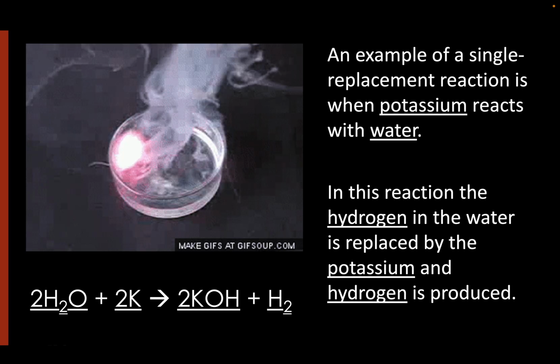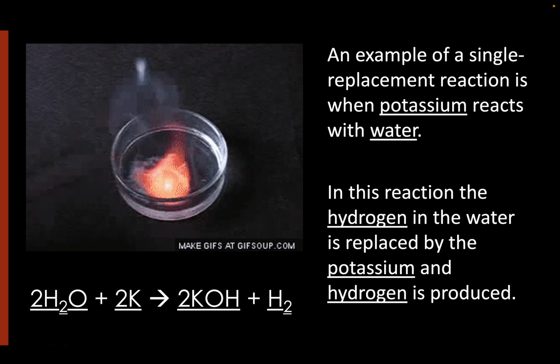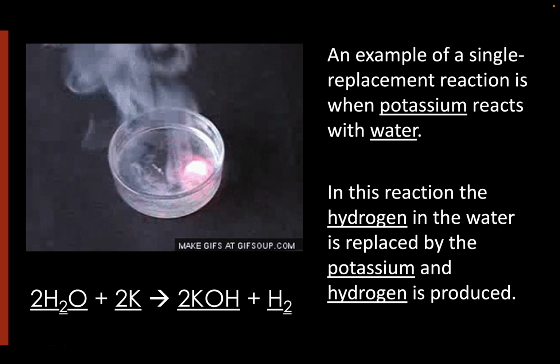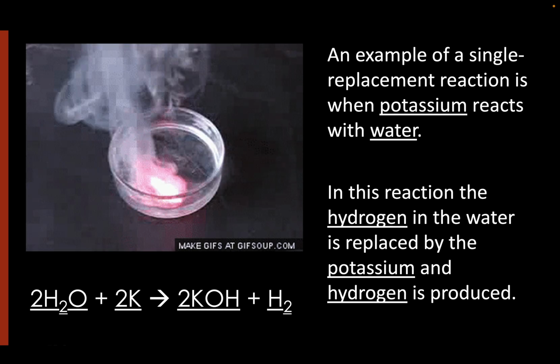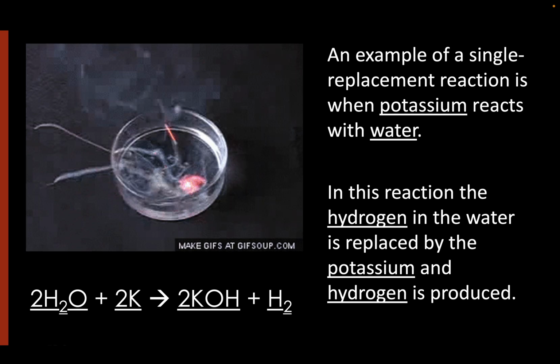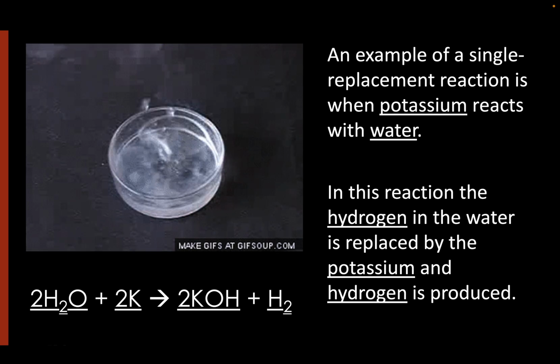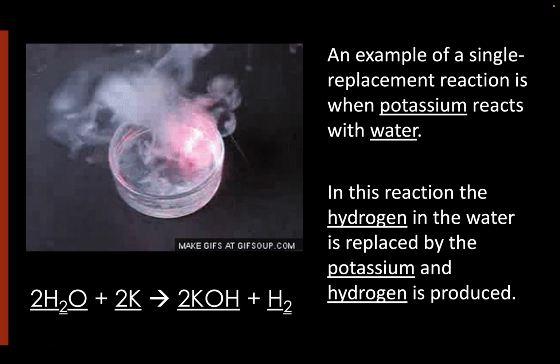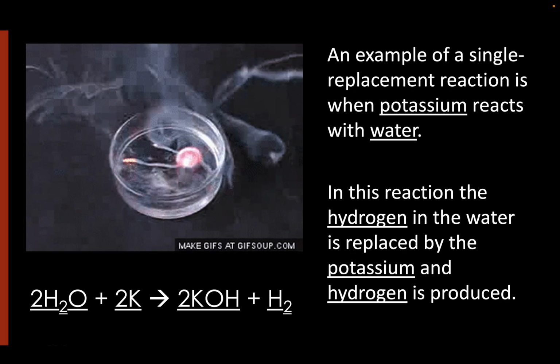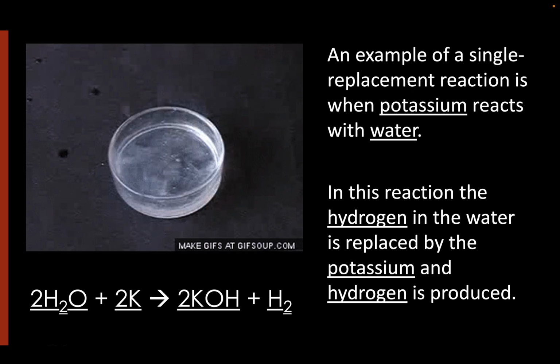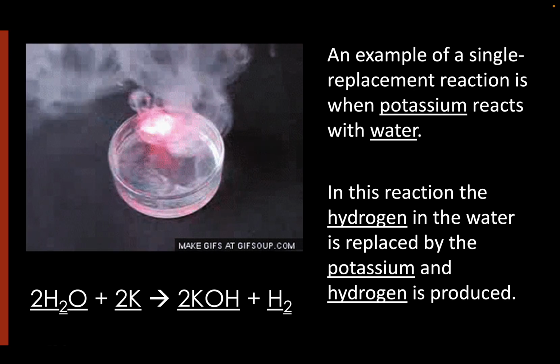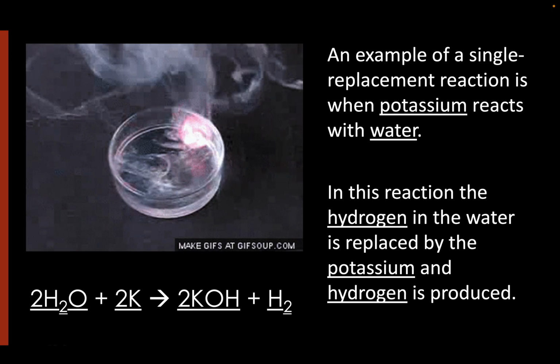So one of the H's gets lost, and it's replaced by a potassium atom. So the K atom replaces one of the H atoms. And then hydrogen gas is produced. So some of the hydrogen is replaced by some of the potassium.